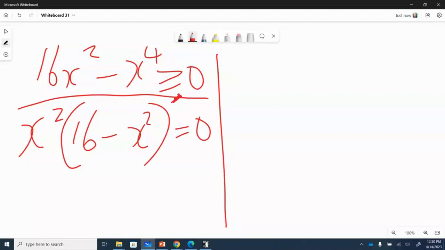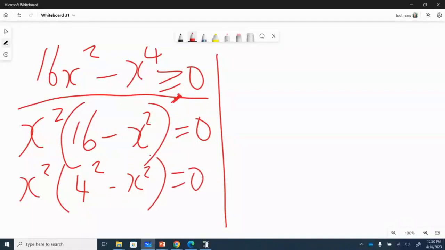Then solve the polynomial equation. So I now have x squared. I want you to note that inside the parentheses, I have a difference of 2 squares. And so I can rewrite the difference of 2 squares as 4 squared minus x squared equal to 0.